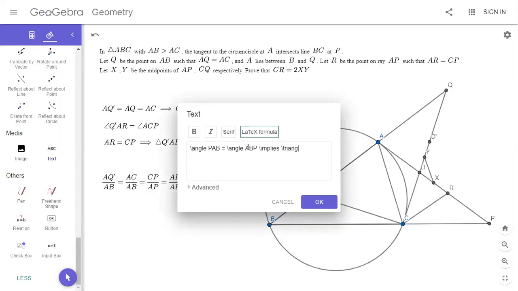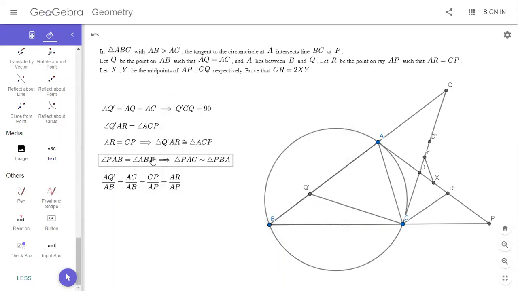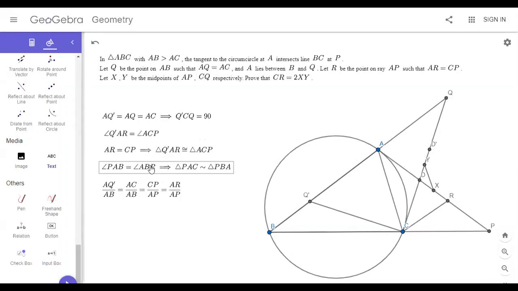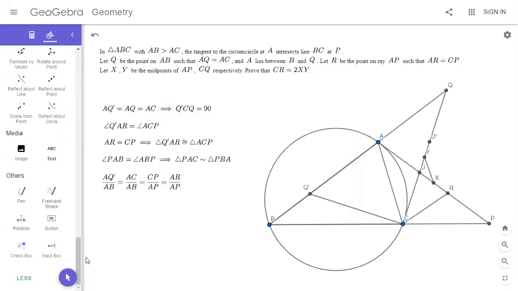I think I got the solution and we don't need this parallel aspect. Oh yeah? All right, hold on just a sec. All right, let me check. No, CA is not equal to CP. Let's see. We know Q prime C is 2 times AY.